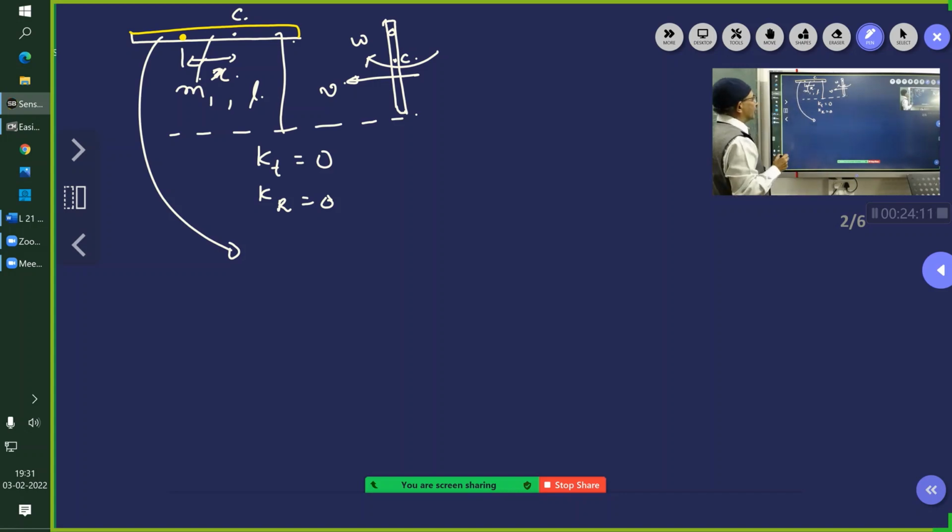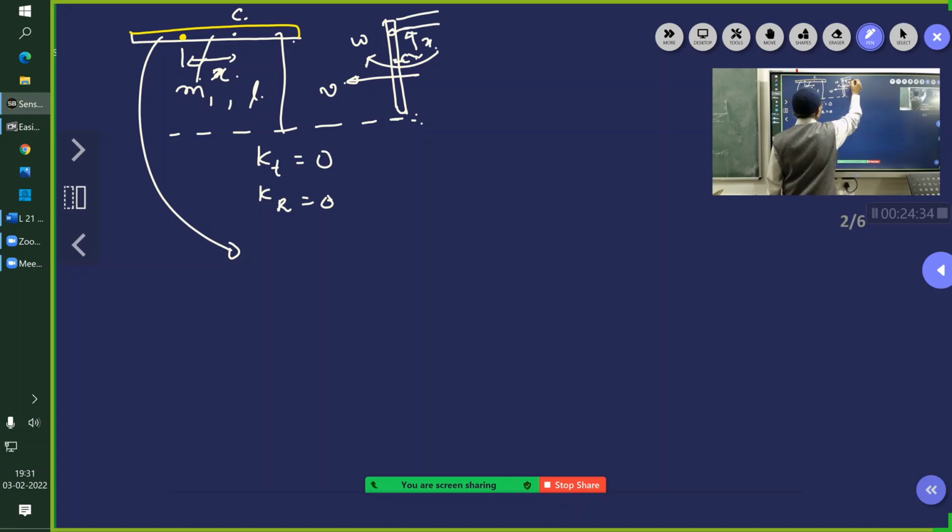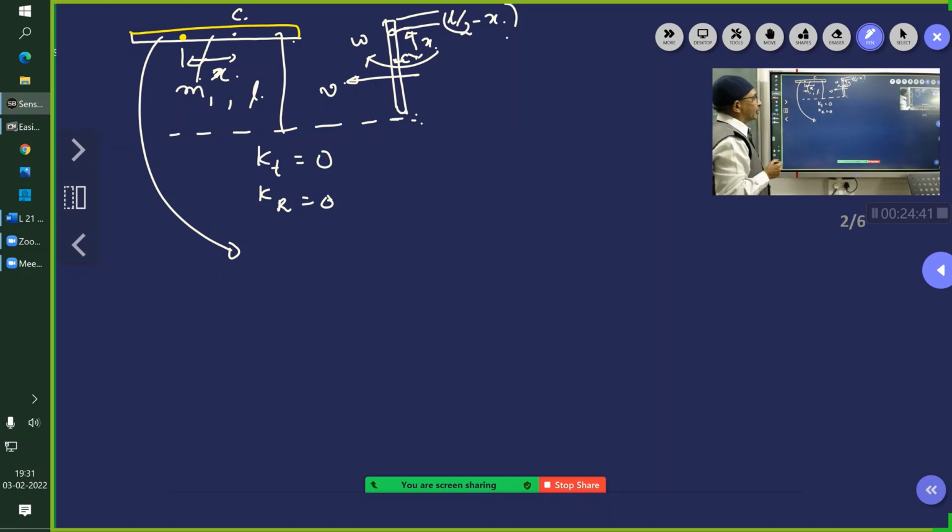mgx? No, sir. Because the rod is going to come down like this. So it will be half into... because from here to here it is x. So this is mg into L by 2 minus x, and this point is L by 2 plus x.